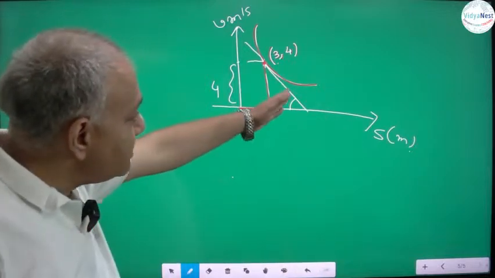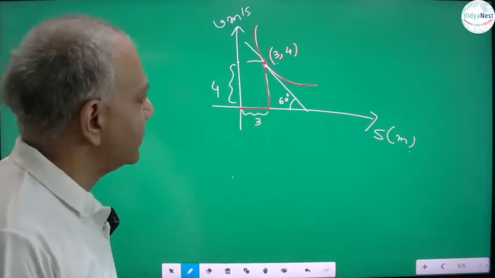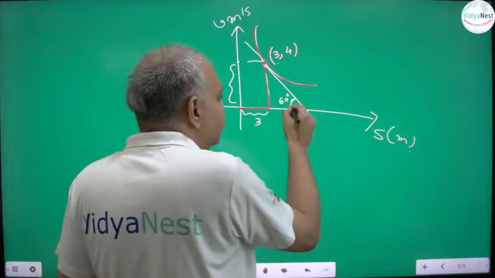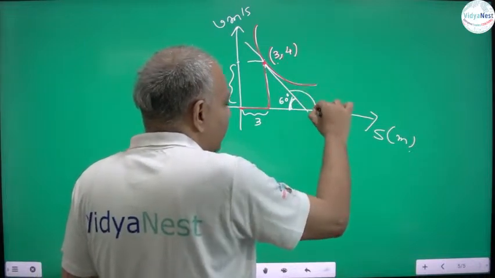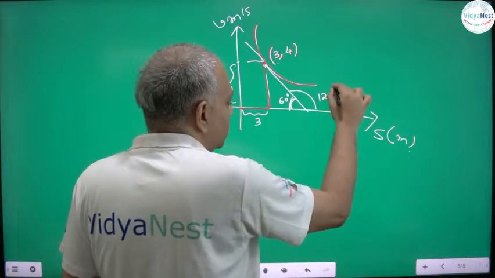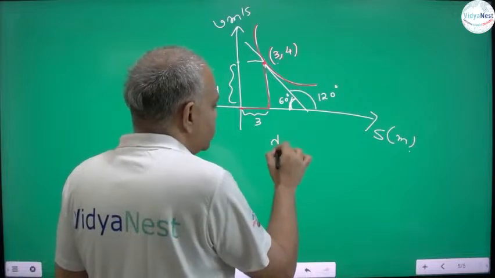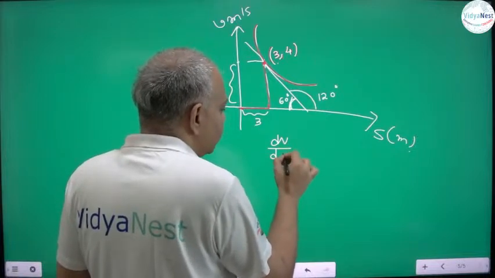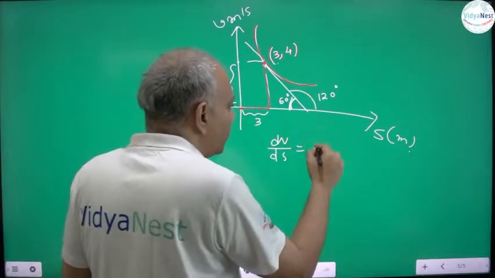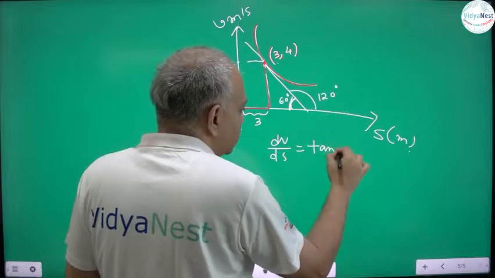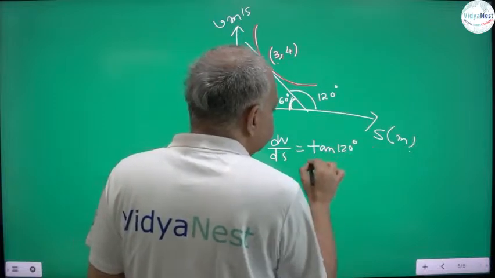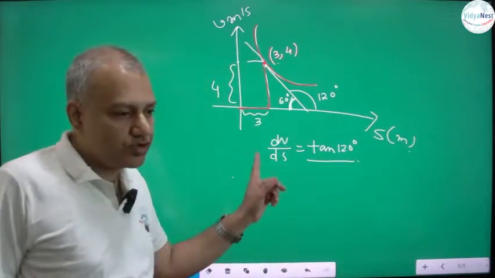We have got the coordinate 3, 4. What does this actually mean? If this is 60 degrees, this angle is 120 degrees. So the rate of change of velocity with respect to displacement, can't I say, is the slope of the graph. Tan 120, isn't it? Any confusion in this one?